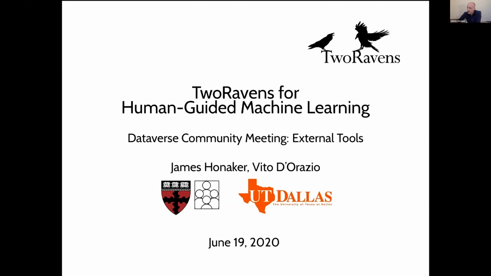We've heard people talk about data previewers. If there's a way to couch this in those terms, Two Ravens might be considered a model previewer, which is to say that as archivists and with Dataverse, we do a really great job democratizing data, making all of this open data available to the outside world.